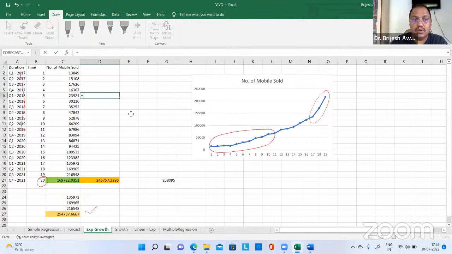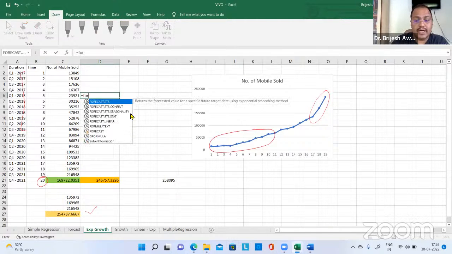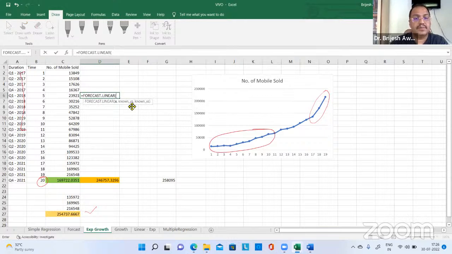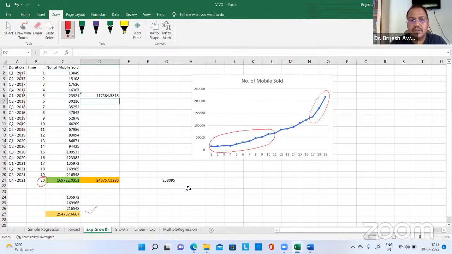Equals to forecast.linear, 20, comma, the Y series is this, comma, the X series is this. And you will be surprised. What is the expected? 117,384.